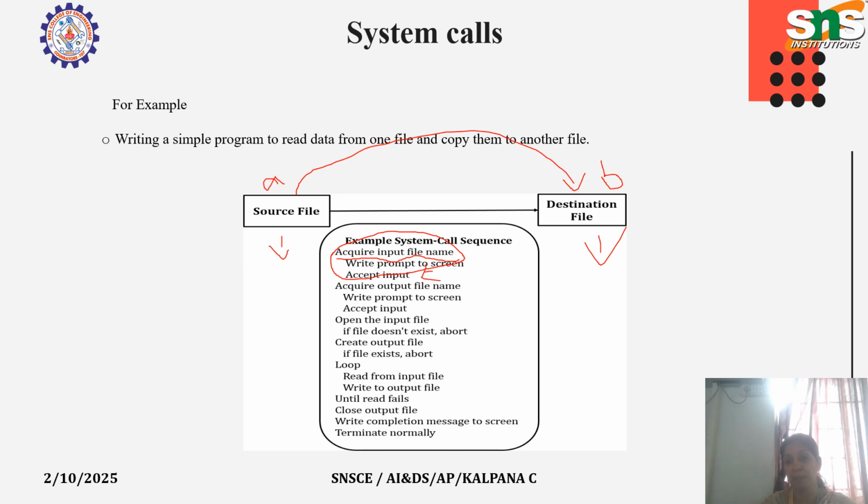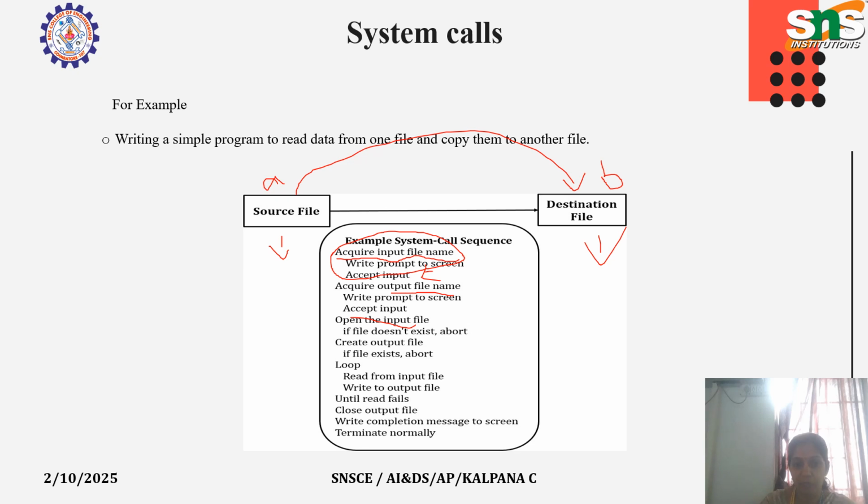Then once it's accepted, acquire the output file name. In the same fashion, we have to get the destination file name. So write a prompt to the screen. The destination file name should be given by the user. Then accept that input, that is the destination file input.